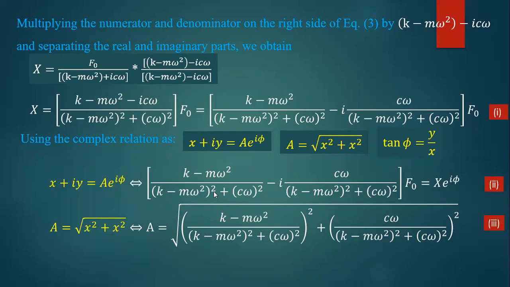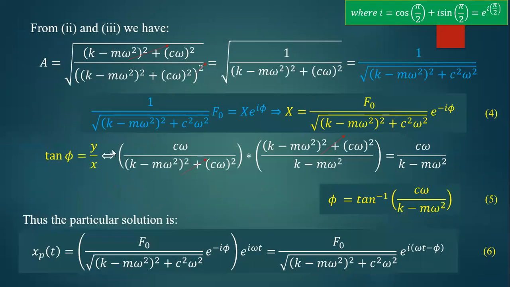One can follow these steps because I already clearly defined every term here, so one can see these steps. So finally, 1 over, we can say f naught over radical of k minus m omega square the whole square plus c square omega square, meaning cw the whole square, which is equal to x e to the power of i phi. Then finally, this is the expression for the amplitude x.